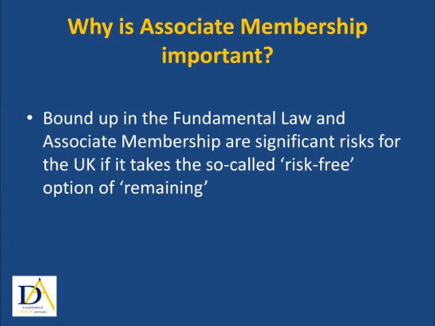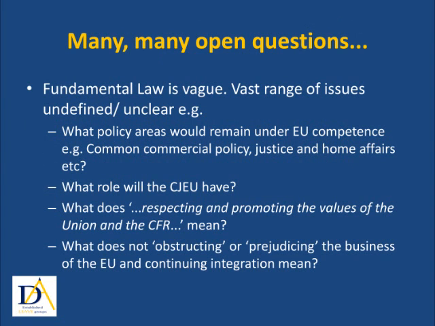Well, I think the fundamental law suggests that the particular arrangements, the way a country will feed into the EU legislative process, will be something that the member state wanting associate membership negotiates. So it creates almost their own bespoke model. Obviously it's vague, so you don't know, but it suggests that the UK, for example, wouldn't any longer have any votes in something like the Council of Ministers.